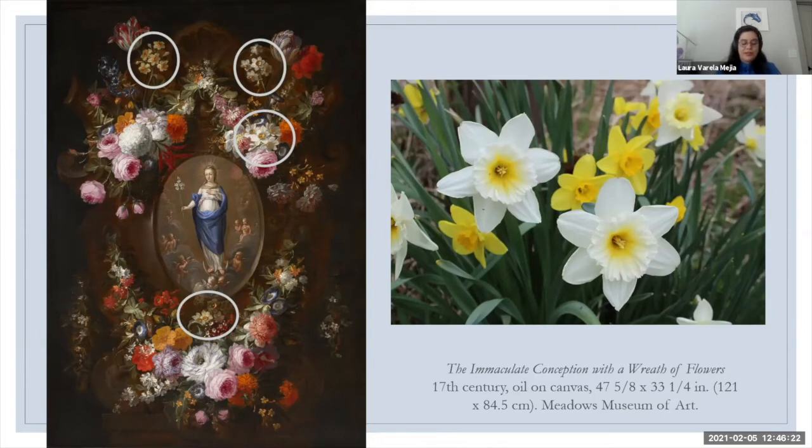That by showing the material beauty of the flowers while connecting them to their religious significance, flower wreath paintings lend themselves to blur these distinctions of meaning. Like they are able to hold several different contradictory interpretations at the same time.